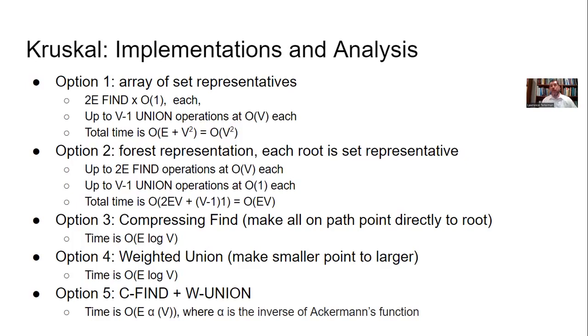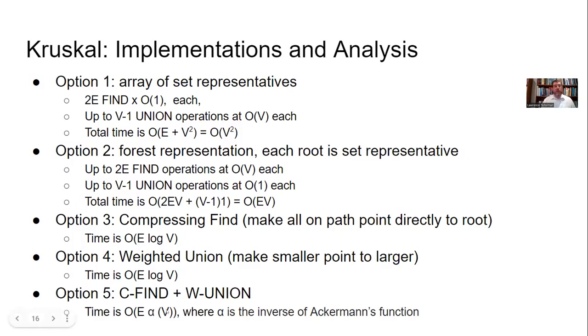If I make the size 10 tree point to the root of the size 3, its height is now going to be 11. But if I make the tree with size 3 point to the tree of size 10, then the overall height will still be only 10. So that's a little trick that we use to ensure that the tree doesn't grow. It'll grow in number of vertices, not in terms of height.